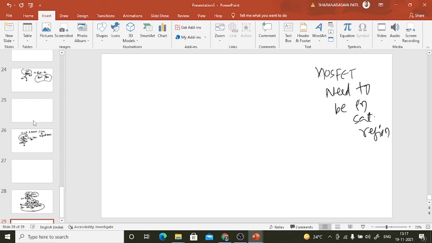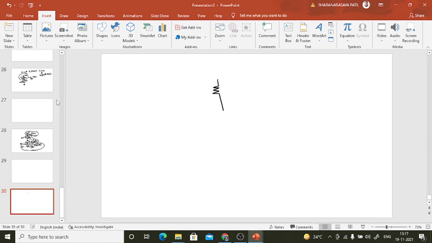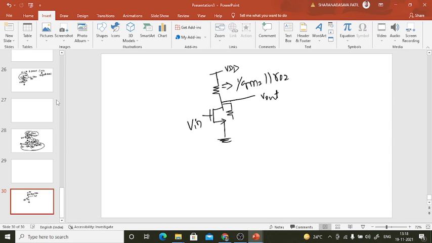Let's find out the ROUT in a similar manner. The circuit will be the same. This is Vin, Vout, VDD. So what is this? 1 divided by Gm2 parallel with R0 2, and here we have R0 1. ROUT for channel length modulation, as I said already, is RD parallel with R0. That's why I told you to remember those 4 equations.